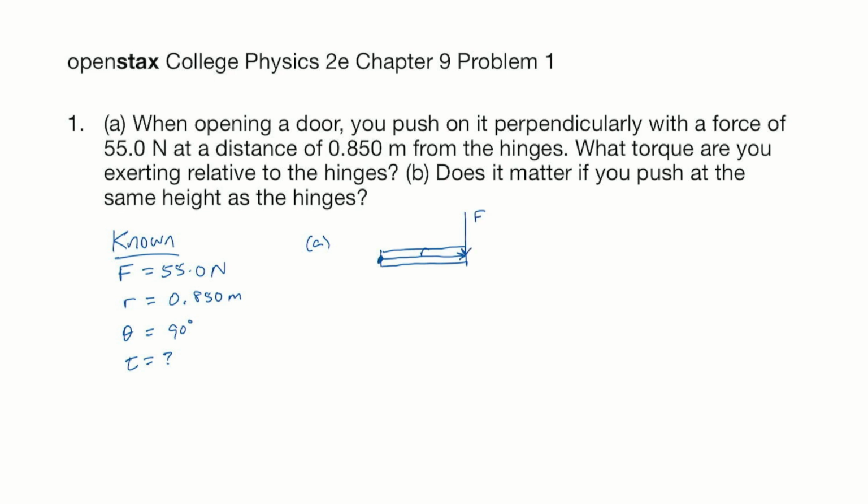So this is looking at the door from the top, a bird's eye view. All right, we want to put these two vectors tail to tail so that we can see where the angle between them is. And so we will have our R vector like this, our force vector like that, and there's our theta at 90 degrees.